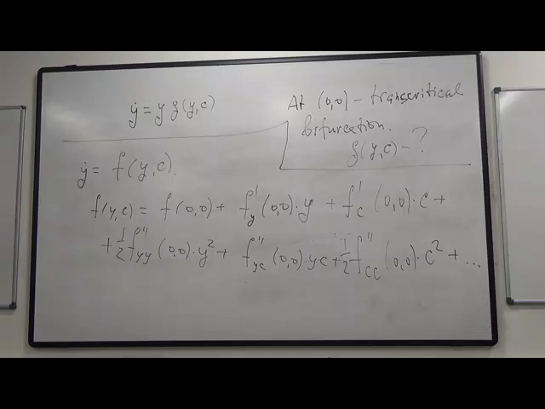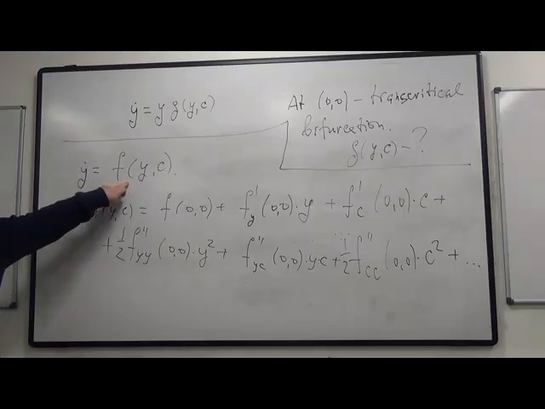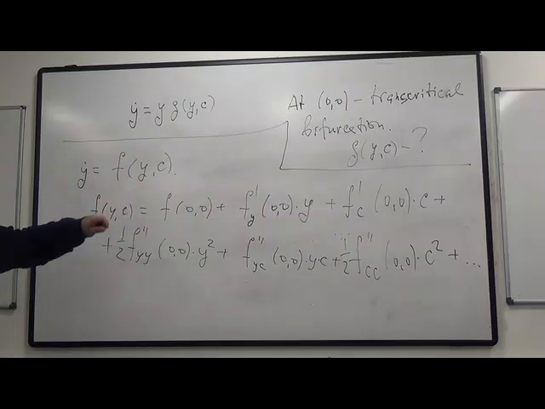Who remembers what condition this function should satisfy to have a bifurcation at 0, 0? Bifurcation point at 0, 0, what does it mean? Bifurcation point means that we have an equilibrium there, a fixed point, and this fixed point should be non-hyperbolic.